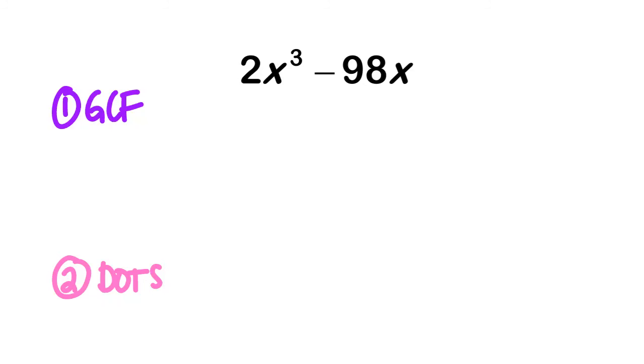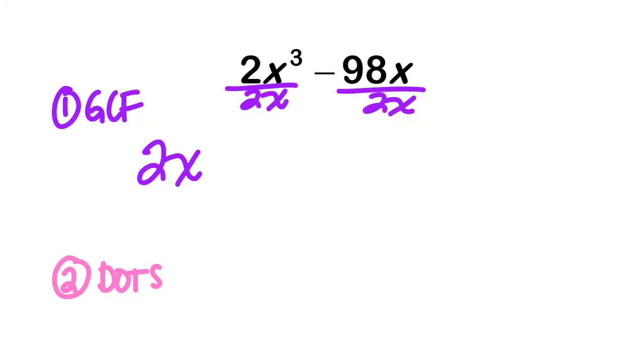Okay, ready? All right, for my GCF here, Deb, can you tell us what is the GCF? 2x. Thank you. So if I take that and I divide by 2x, tell me what do I have left inside the binomial?